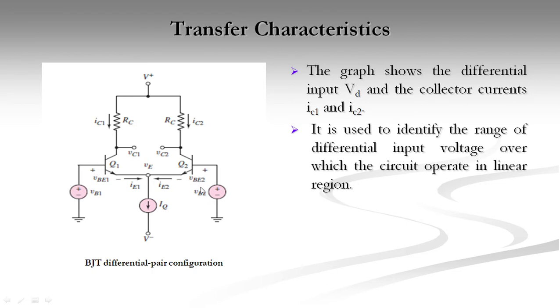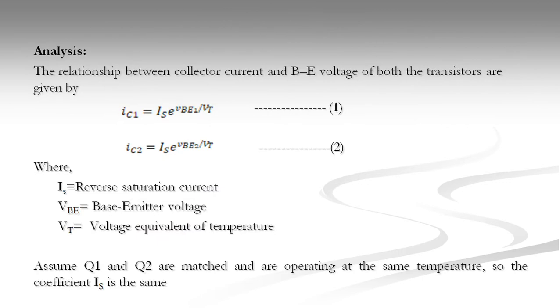Now let us see the analysis of a differential amplifier. Let us take the relationship between collector current and base emitter voltage of both the transistors, given by IC1 equals Is times e power VB1 divided by Vt, and IC2 equals Is times e power VB2 divided by Vt, where Is gives the reverse saturation current of the transistors, VB is nothing but the base emitter voltage, and Vt is the voltage equivalent of the temperature.